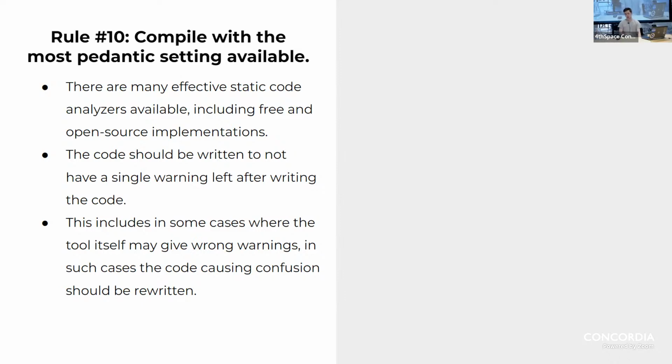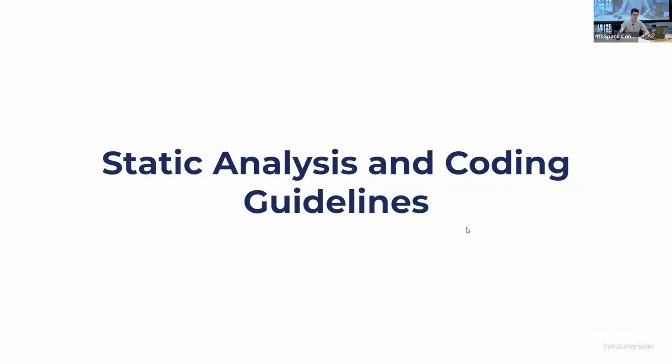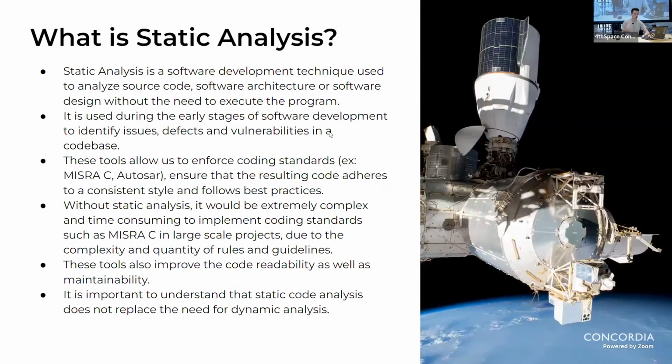As part of this step, which is going to be my lead-in for the next section, you want to try to use static analyzers whenever possible. So these static analyzers, which we'll have a look at here, are tools that you can use to analyze your source code directly.